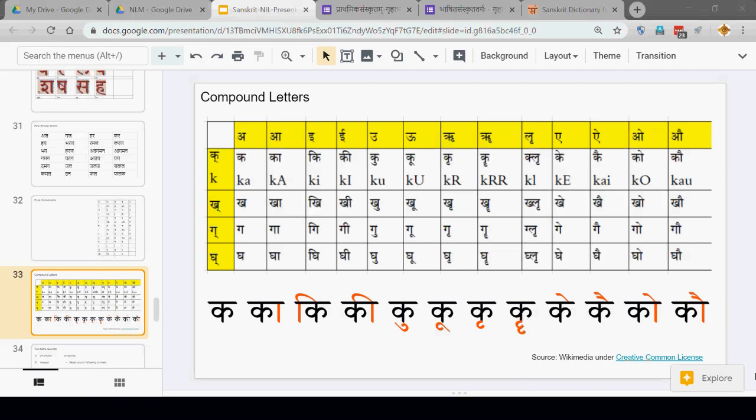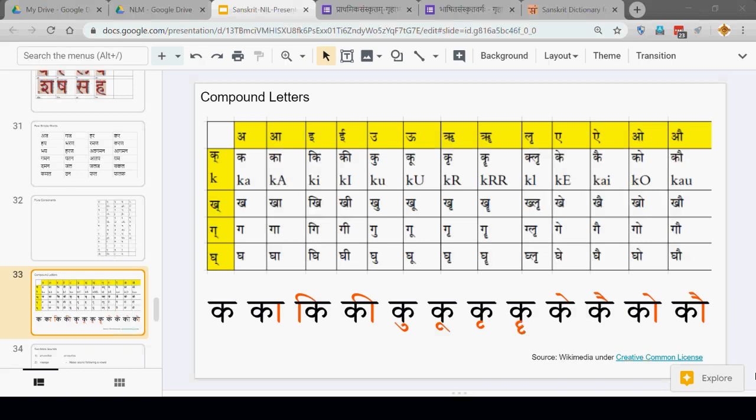Yes, you're right. Let me repeat the question: vowels do not need the help of other letters. They can be pronounced independently, whereas consonants need the help of vowels to bring out those sounds. Yes, that is correct.